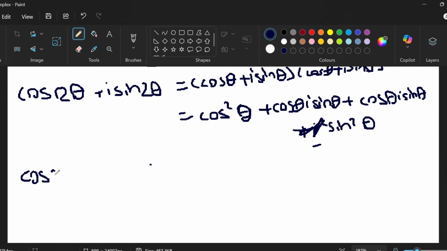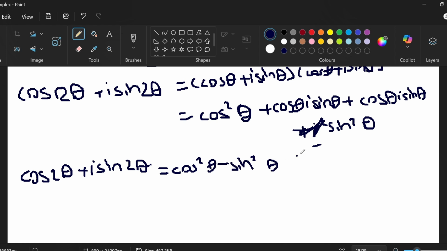So I have the cosine of 2 theta plus i sine of 2 theta is equal to cos squared theta minus sine squared theta. And these are 2 of the same term here, so I'm just going to have 2 cos theta i sine theta, because I have 2 of them, one here and one here.